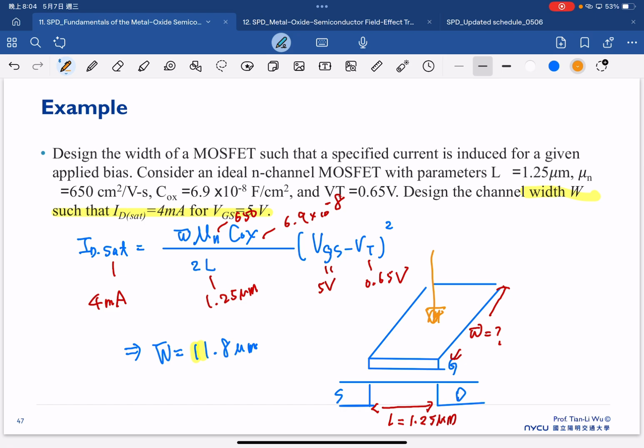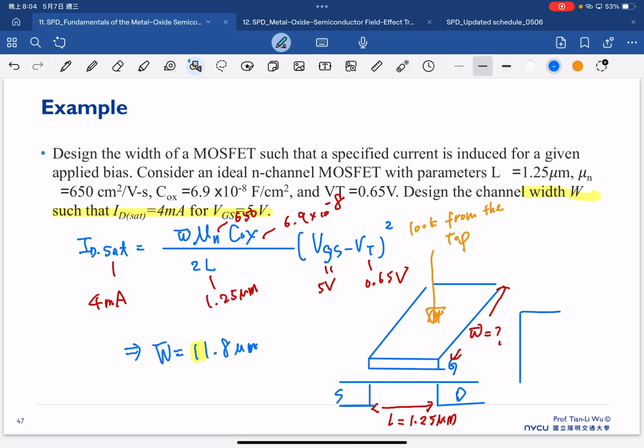So if we look from the top, then the information that we use, no matter for making the mask that you need to fabricate the transistor, or to provide to somebody else, is what you need to provide from this top view.